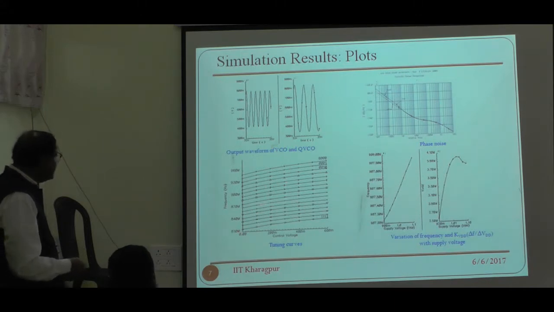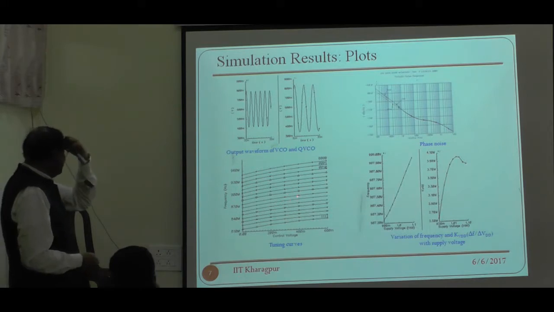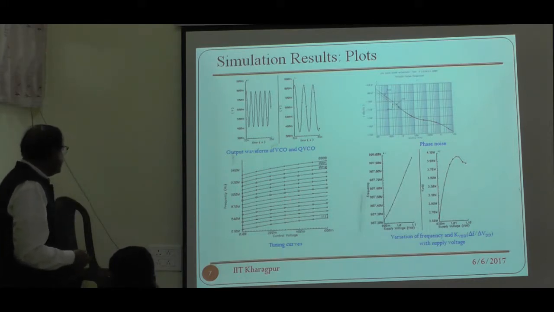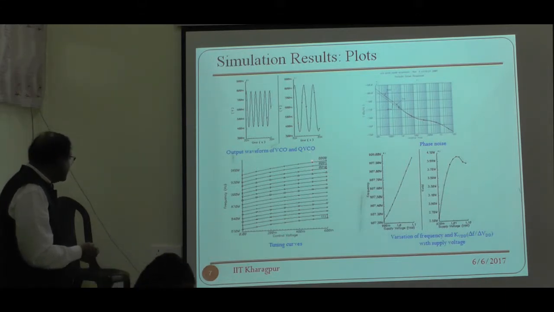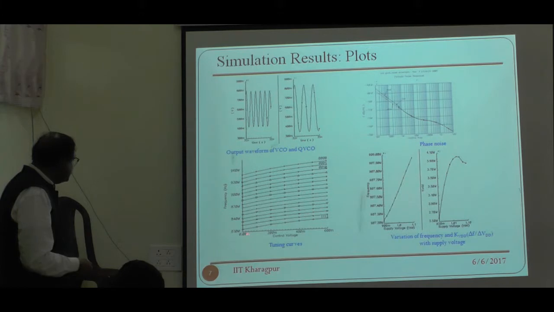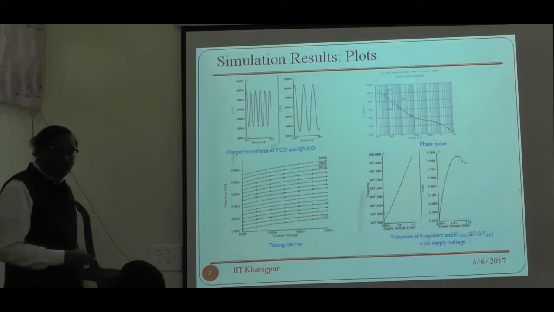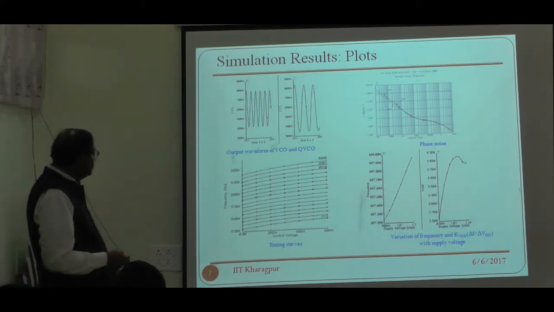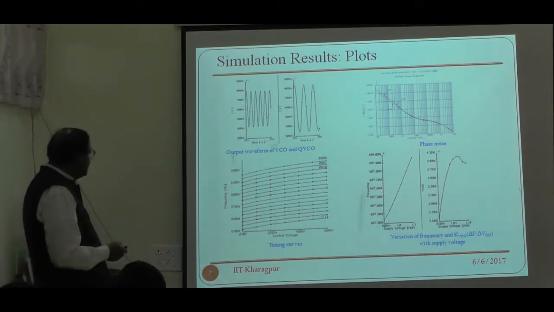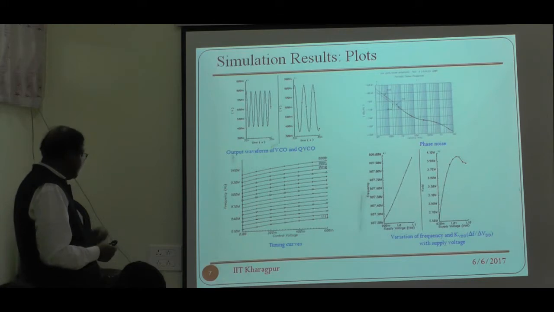Each segment is defined by the weighted average of this 4-bit control, by adding capacitance to the LC tank. By adding more and more capacitance, you are pushing the frequency from band 1, band 2, band 3, band 4, like that. And then within the band, you are varying the frequency by changing the control voltage. Clear? So you are reducing the KVCO.